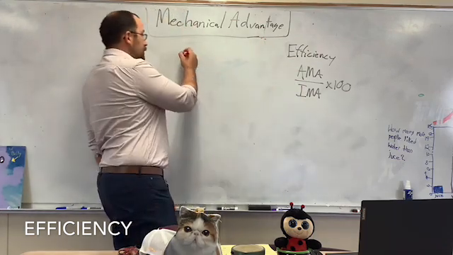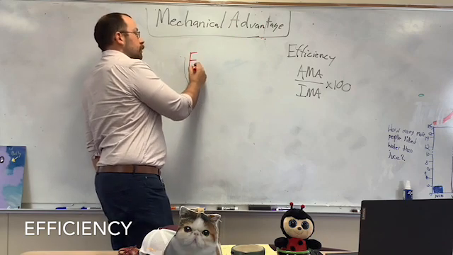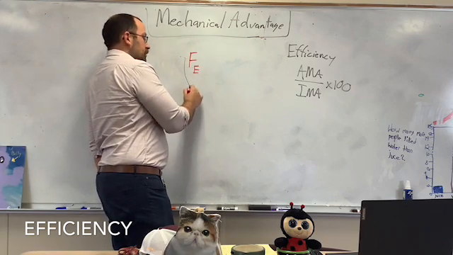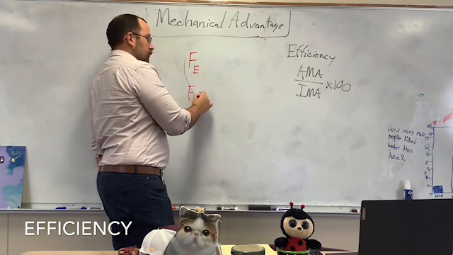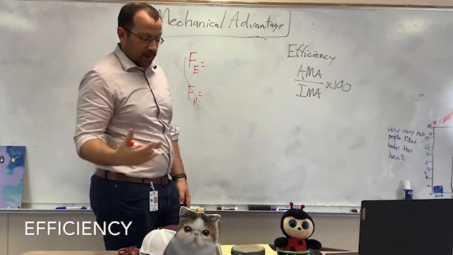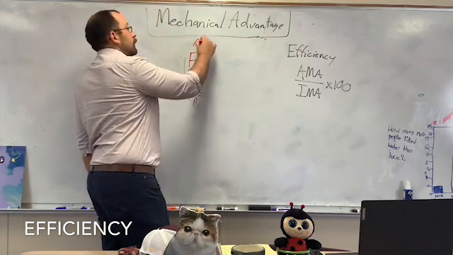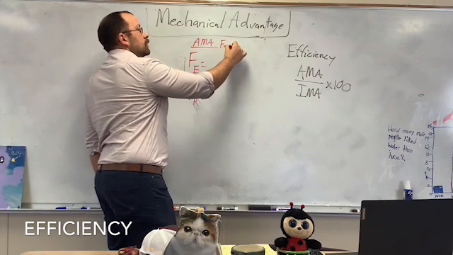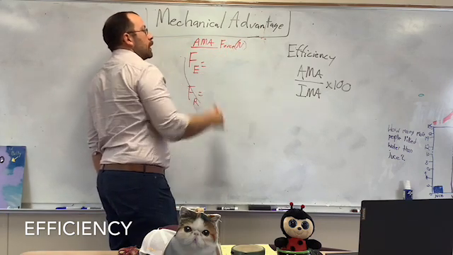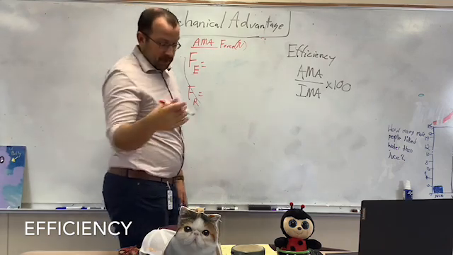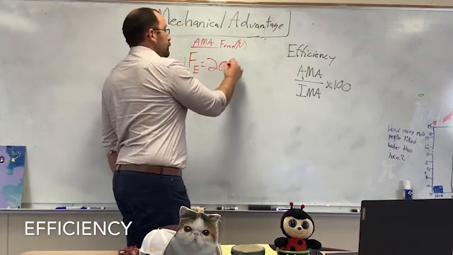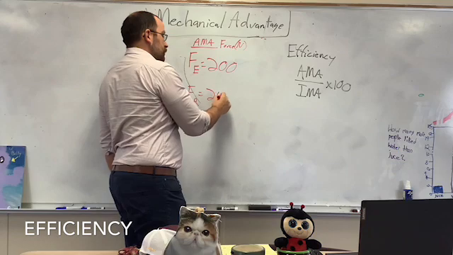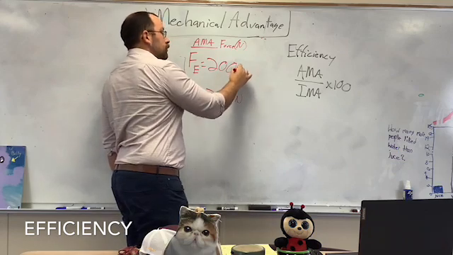I'm going to give you all the pieces for it. My effort force and my resistance force, for your actual mechanical advantage. Actual mechanical advantage will always have force, which is measured in newtons, if that helps you out. Your effort force is 200 and the resistance force is 2400 newtons.